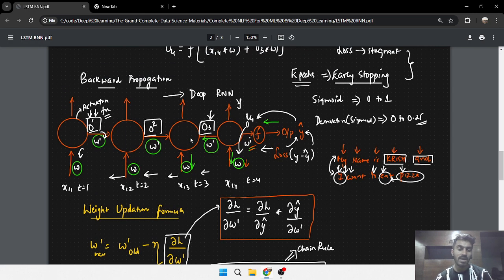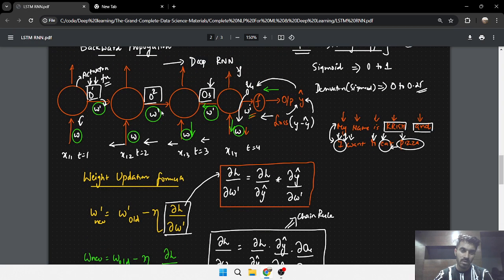In Adam, alpha, the learning rate, also gets some momentum. Initially alpha has a higher value, and after some number of epochs the learning rate becomes minimum, so that we reach the local minima as fast as we can.